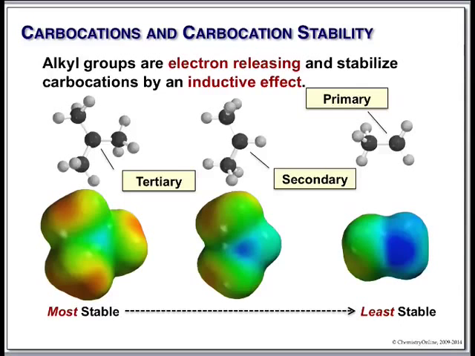Any questions? Yeah. For the tertiary carbon, let's say one of those methyl groups was not a methyl, but maybe like a COH or something. Would that still be stable? So you mean a longer chain? Or if the top methyl group was a COH? Well, it gets a little bit more difficult.